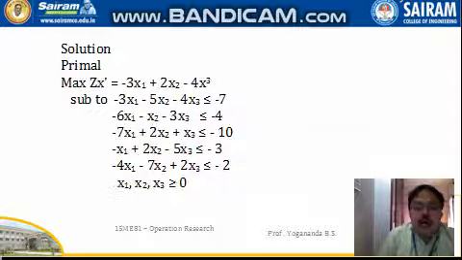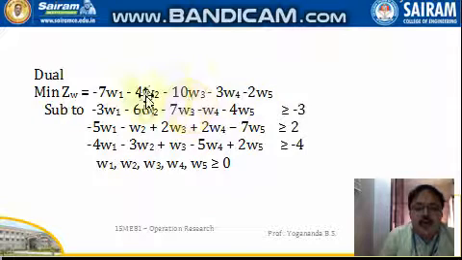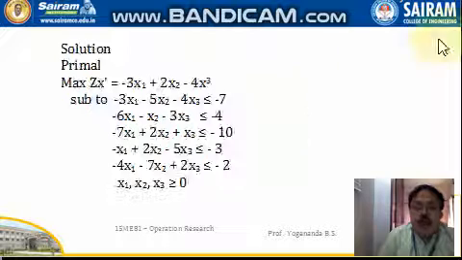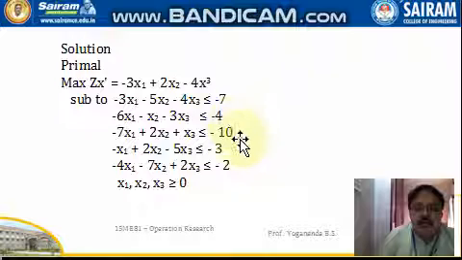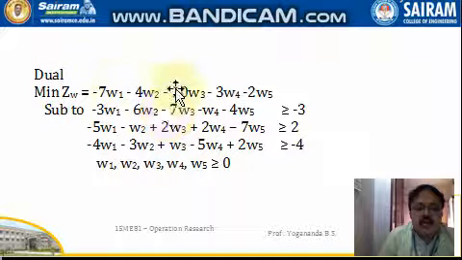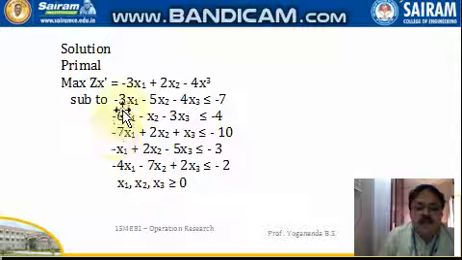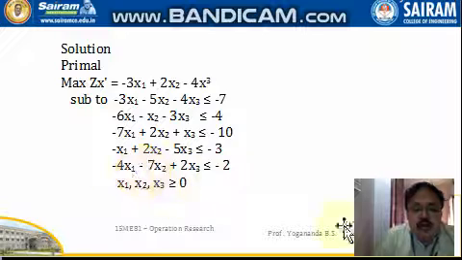So how many constraints are there now? 1, 2, 3, 4, 5. So there are 5 dual variables, w1 to w5. Now we have minus 7, minus 4, 10, minus 10, minus 3 and minus 2 as the right hand side constants that we use in the objective function here. Then the first column has the coefficients of x1 as minus 3, minus 6, minus 7, minus 1 and minus 4.